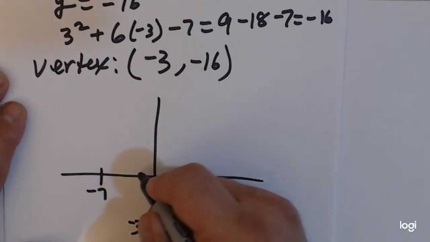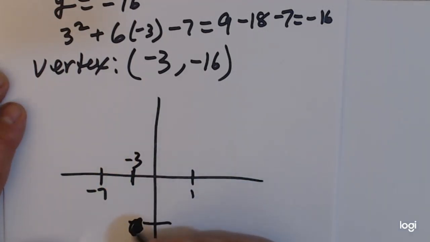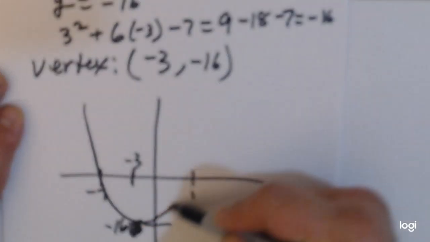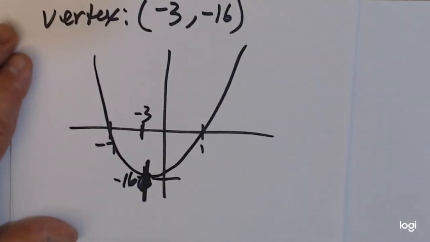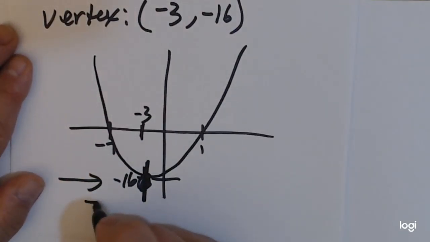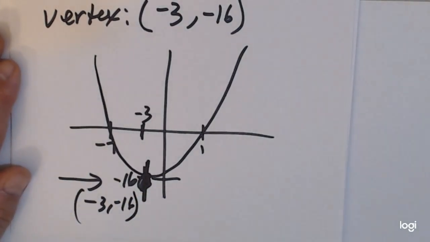Negative 3 over here. Well, this is negative 16, I believe. So this is going to look something like this. And right here is the vertex. Negative 3 comma negative 16. So that's what that graph looks like.